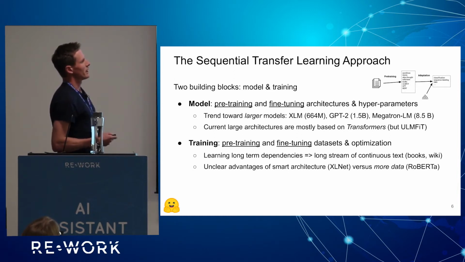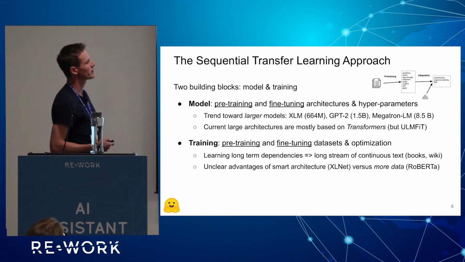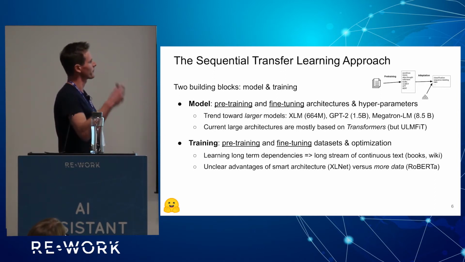So there is a clear trend right now toward using larger and larger models for pre-training. So we pre-train here these models which are larger and larger, mostly based on transformers. I'll show you a little bit how it is. One exception is ULMFiT, which is an RNN, well, actually an LSTM, which is also working quite well for simple classification tasks. But mostly we use transformers because these models can really leverage huge data sets.